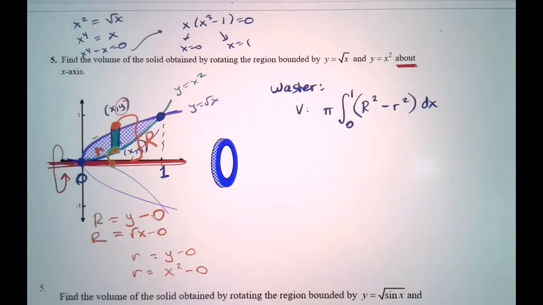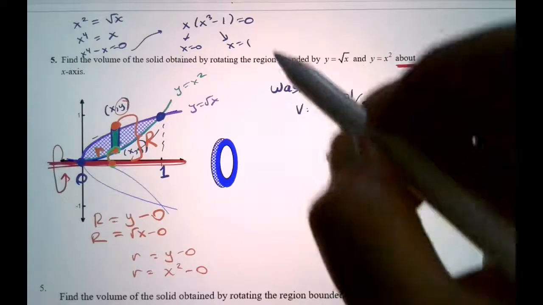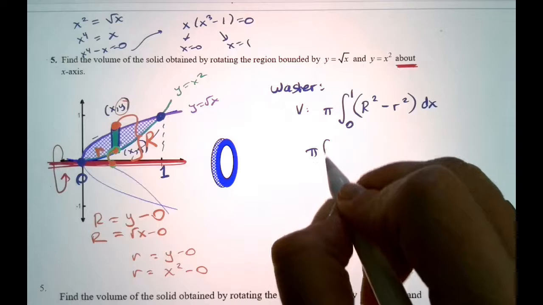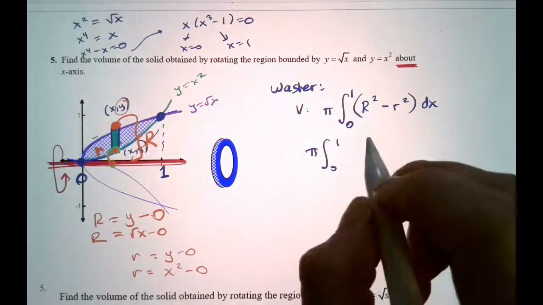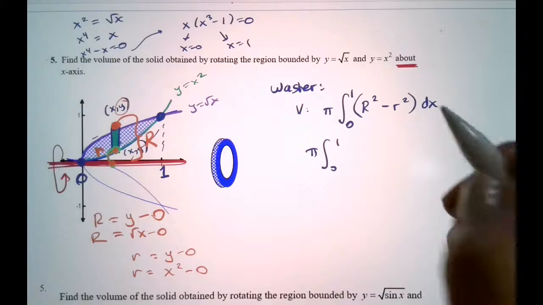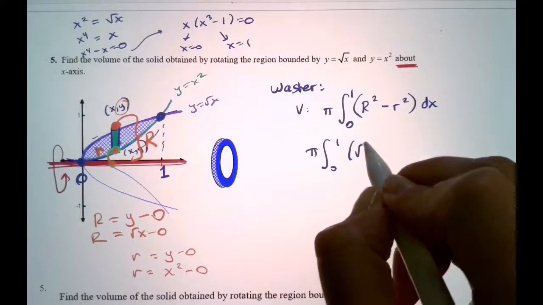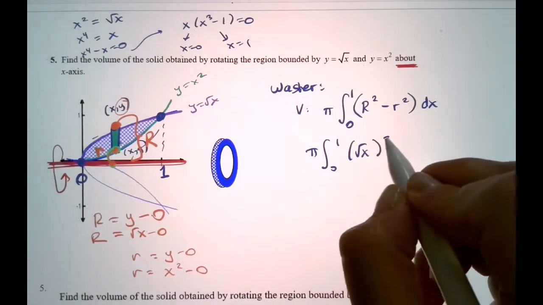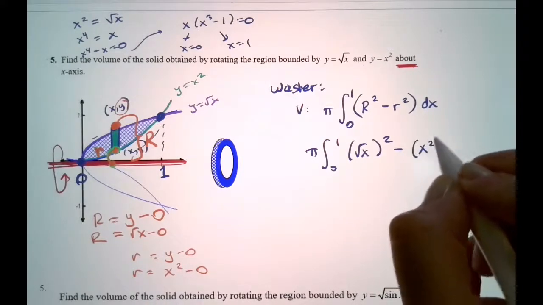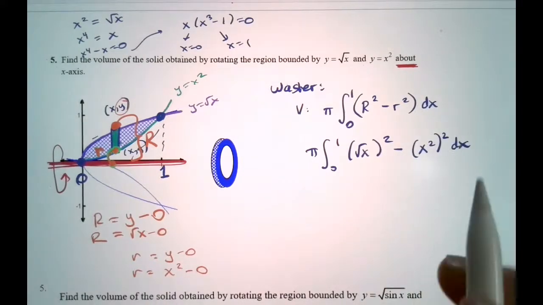So let me move over and set up my volume here and put all of the pieces in play. Cap R is really the square root of x minus 0. I can just leave it square root of x. Little r is x squared. I don't have to write the minus 0. But notice how they're individually squared.